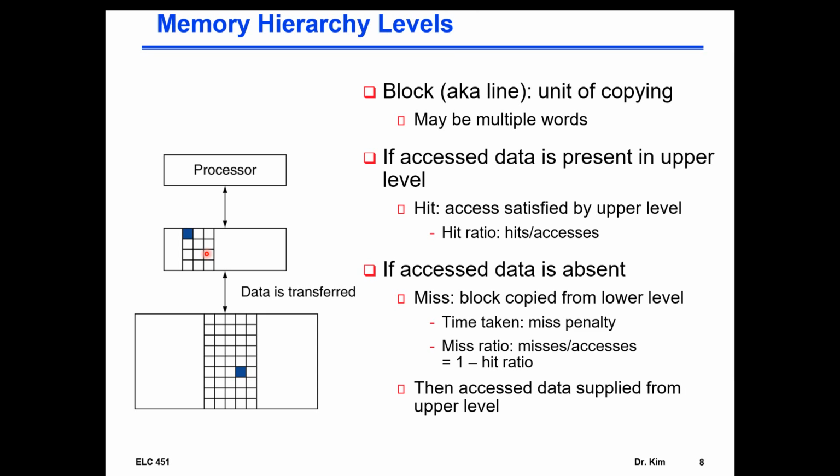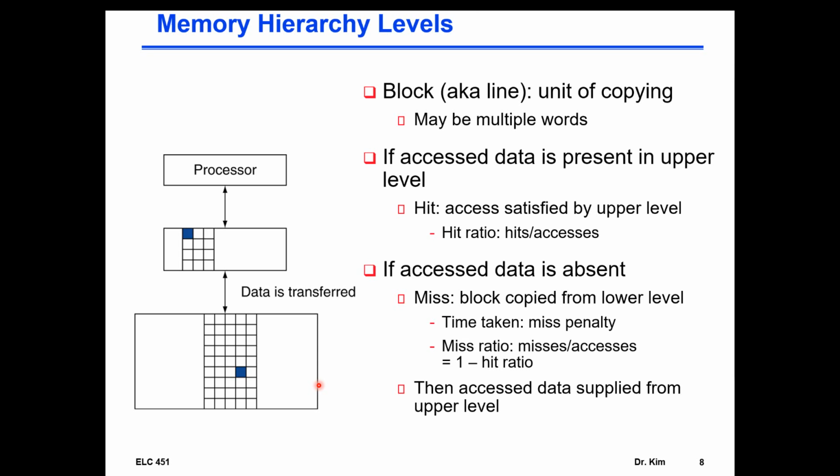Another term that we want to introduce is a hit. A hit is when the processor finds what it's looking for in this immediate block here in the cache. Notice that this is smaller than this bottom block, the main memory, and everything that is in the upper block in the cache is also in the lower block in main memory.